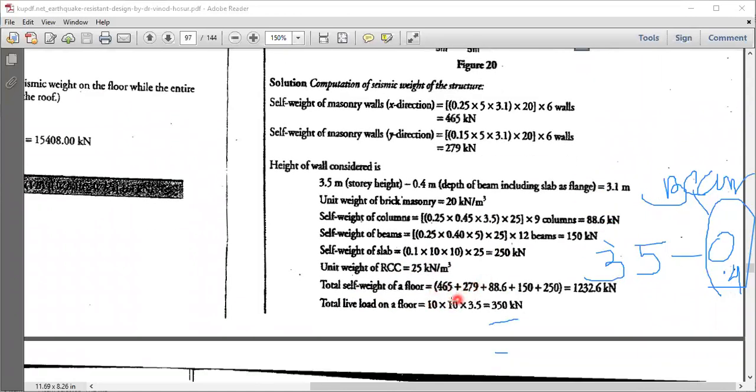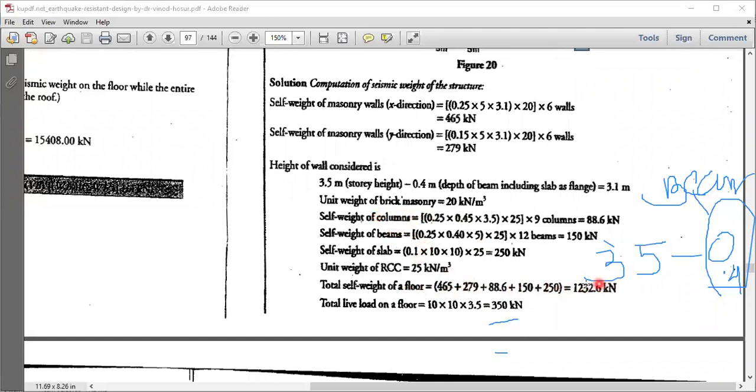So now total self weight of the floor. What is going to be the total self weight of the floor? I have the weight of the masonry wall in x direction, the weight of the masonry in y direction, then the weight of the columns, weight of the beams, and weight of the slab.